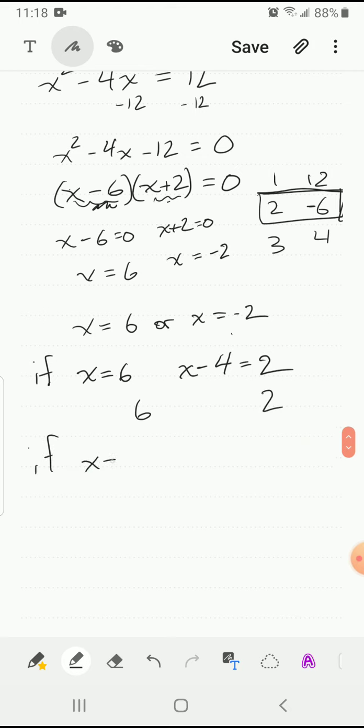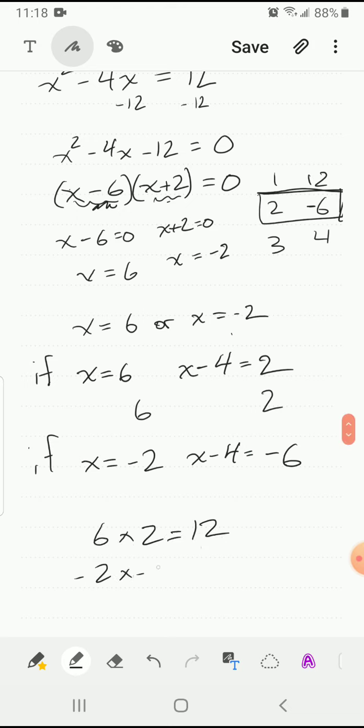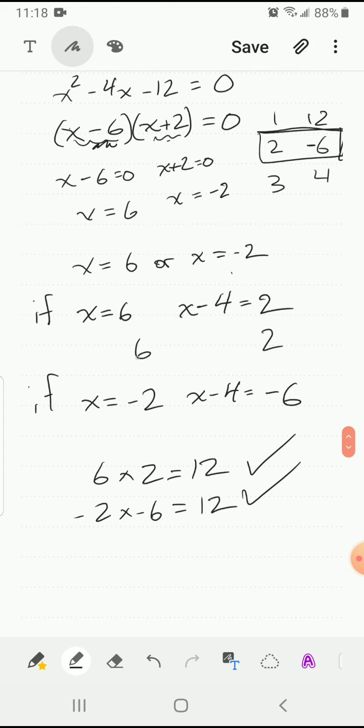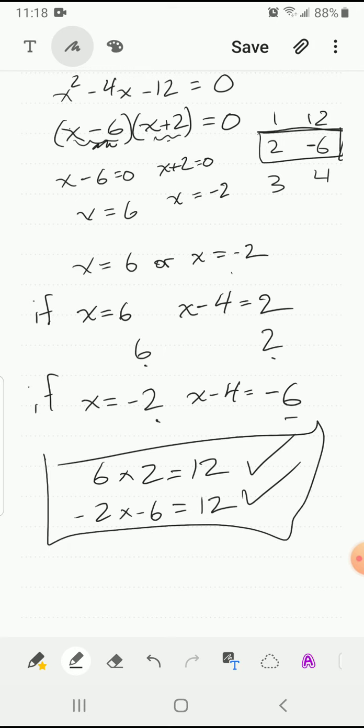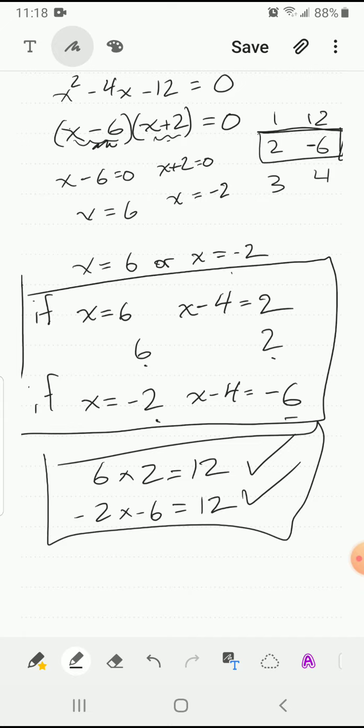If x is equal to negative 2, that means x minus 4 would be negative 6. 6 times 2 equals 12, and negative 2 times negative 6 equals 12. So we have two possible solutions. Either our numbers are 6 and 2, or negative 2 and negative 6. And there's our answer. All right.